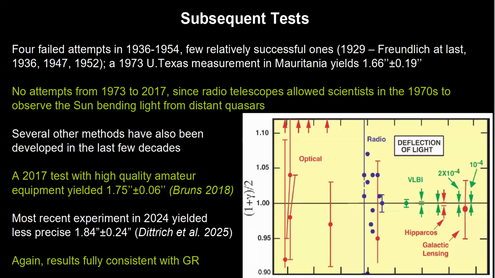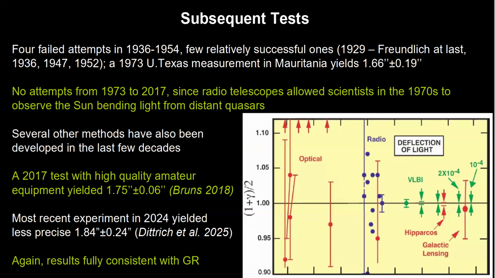Now, I've been talking about this number, 1.75 arc seconds, which is sometimes called the Einstein constant or the Einstein coefficient. But the more modern way of phrasing these constraints, which you see in that diagram, for example, is a parameter gamma, which is called the Eddington parameter, or more accurately, one of the Eddington parameters.